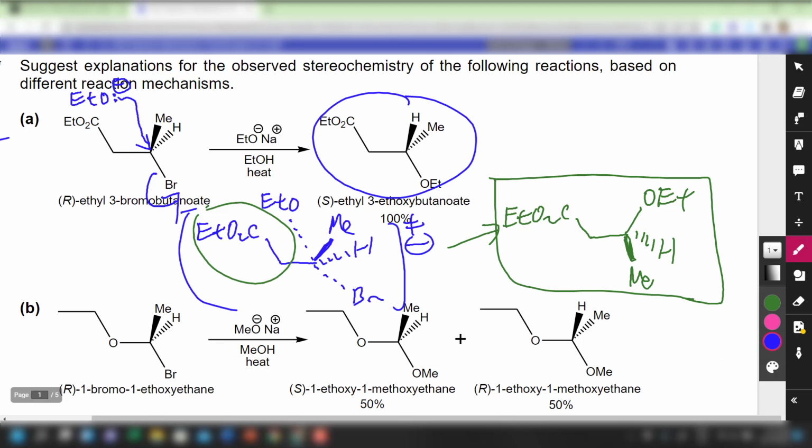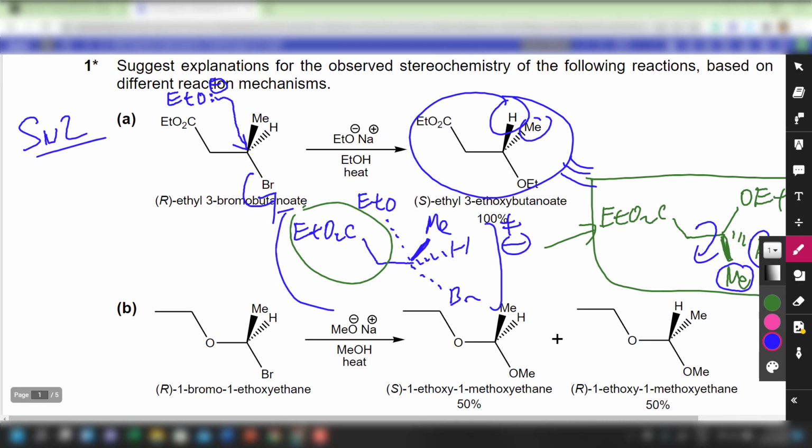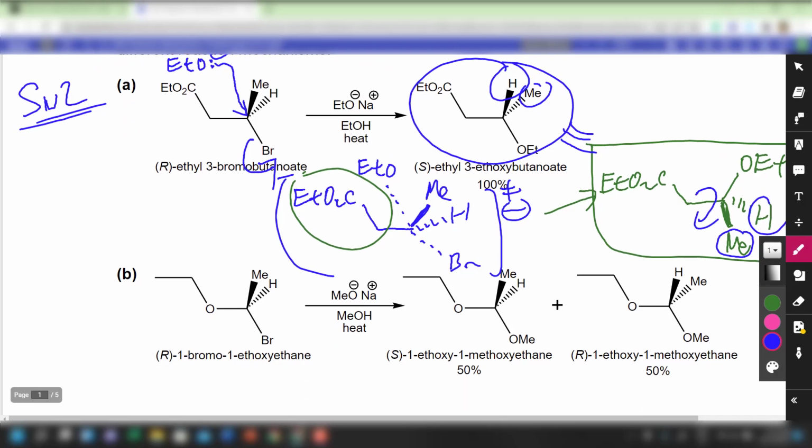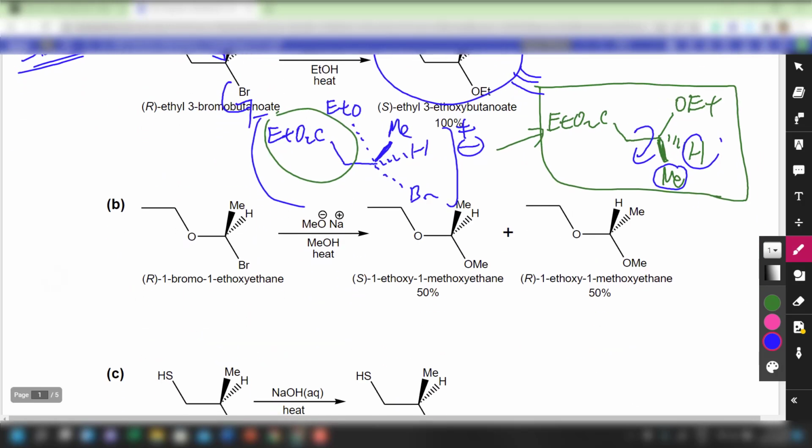But you can easily convert them, because they are identical, by simply doing a bond rotation of 180 degrees. Then the methyl group that's pointing towards you will now be pointing away from you. The H that's pointing away from you will now be pointing towards you. So this is purely an SN2 mechanism, so I hope it's clear from the explanation.